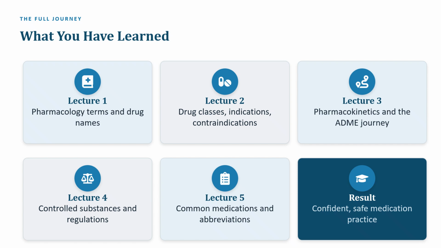In Lecture 3, you followed a drug on its journey through the body with the ADME framework, absorption, distribution, metabolism, and excretion, and you learned why route and timing matter. In Lecture 4, you learned how medications are legally controlled, including the difference between prescription drugs, over-the-counter products, and supplements, and the 5 DEA schedules for controlled substances.